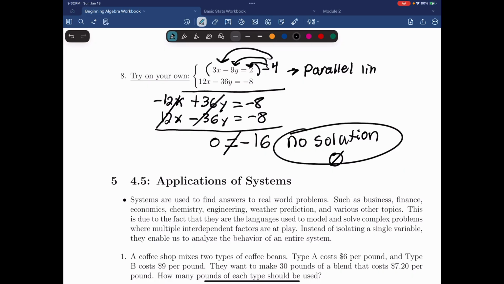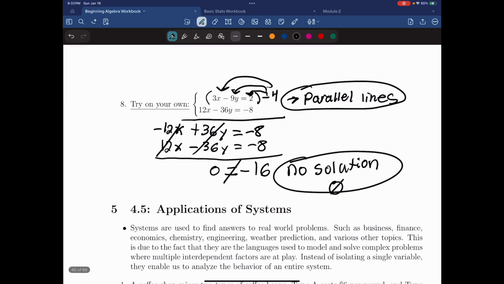Now that is because, recall, parallel lines never intersect. And if these lines weren't parallel, then we would for sure have either at least one solution or infinite solutions. But since we have no solution, that tells us automatically that these lines are parallel.